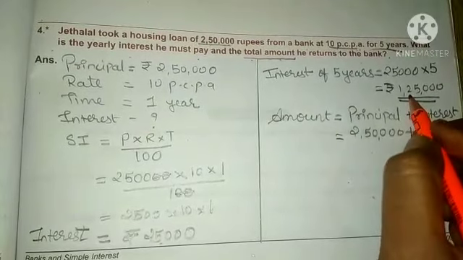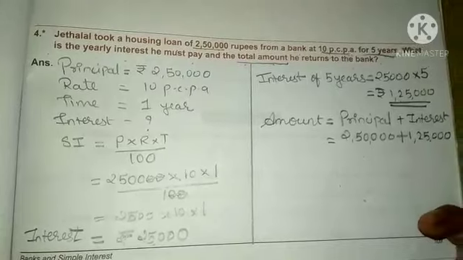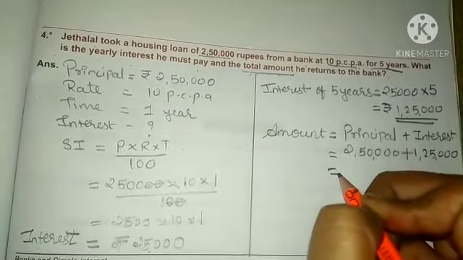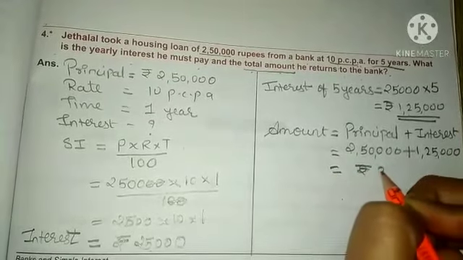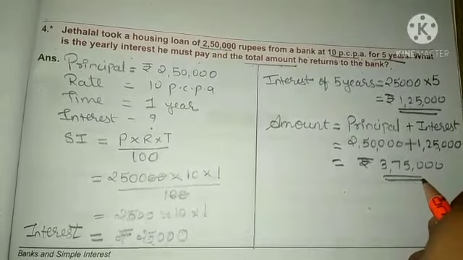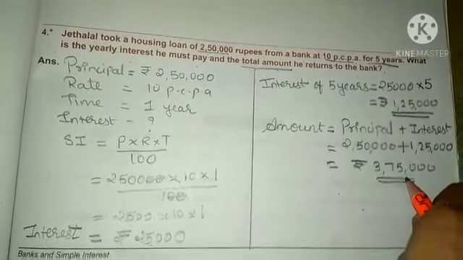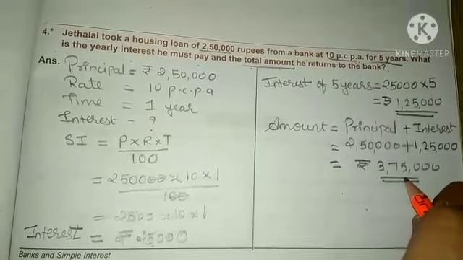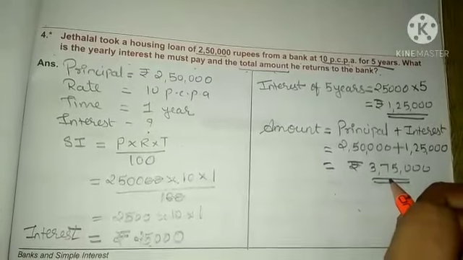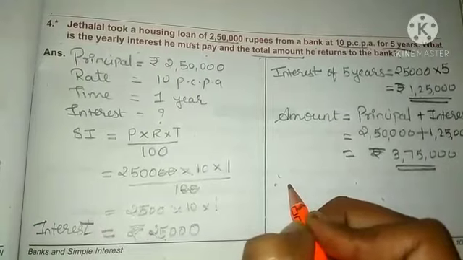The 5-year interest is 1,25,000. Clear, everyone? So what is the total amount he has to pay to the bank? That is rupees 3,75,000. Clear? So after 5 years he has to pay his principal as well as the interest. So the total amount he has to pay to the bank is 3,75,000. Clear, everyone?